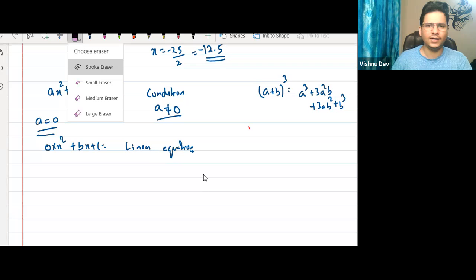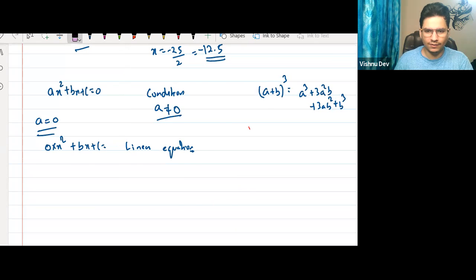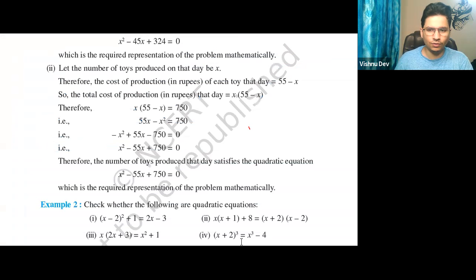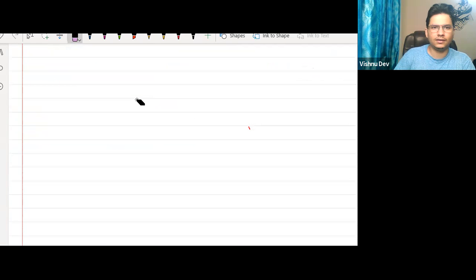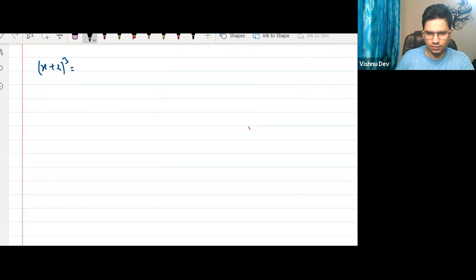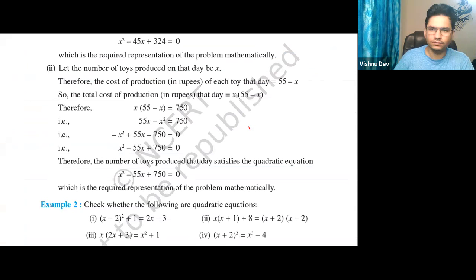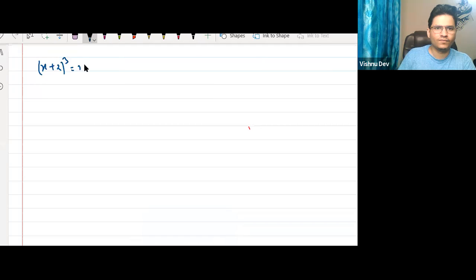Now, if you see this, what was my problem? X plus 2 whole cube plus x cube minus 4. I will just write it down over here. Amisha, are you getting everything? X plus 2 whole cube is equal to x cube minus 4.